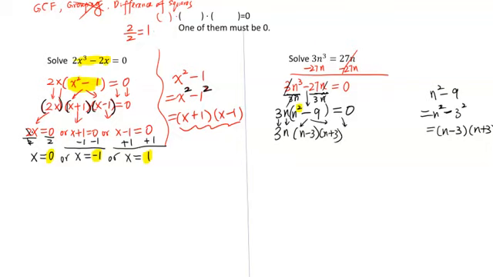On the right-hand side, I keep the equal sign, keep it 0. So again, this is like we are having 3 boxes. So we can set the stuff in each box equal to 0. So I have 3n equals 0, or n minus 3 equals 0, this is the one in the middle, or n plus 3 equals 0, the last one.